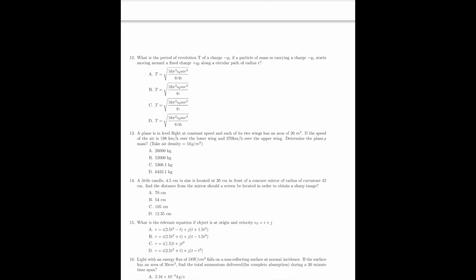Now the question is, you have a fixed charge with plus Q2 and a negative charge minus Q1 is rotating around a circle around the charge Q2.